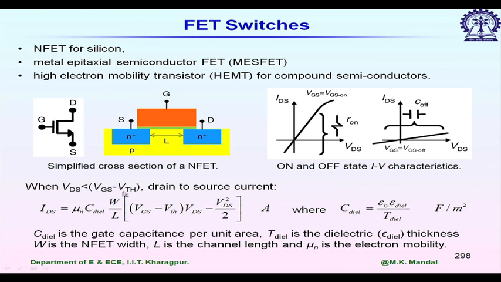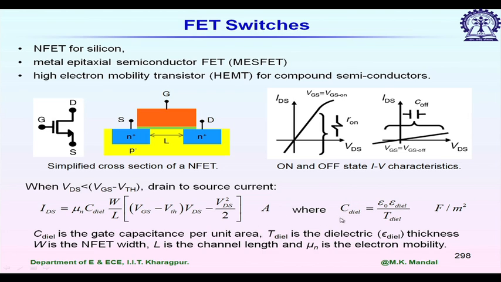In that case, the drain to source current is mu n into C dielectric into W by L, this ratio, multiplied by (VGS minus VTH) into VDS minus VDS squared by 2 amperes, where C dielectric represents the gate capacitance.